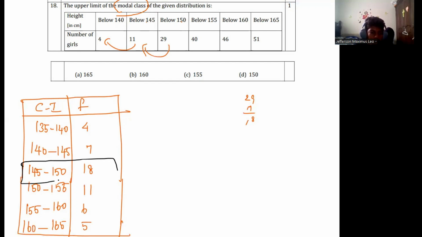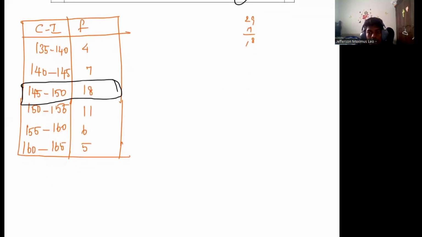So that is the modal class, and the question asks for the upper limit, so 150. The answer is option D. Correct answer. Do you understand how we did it? Now the next question.